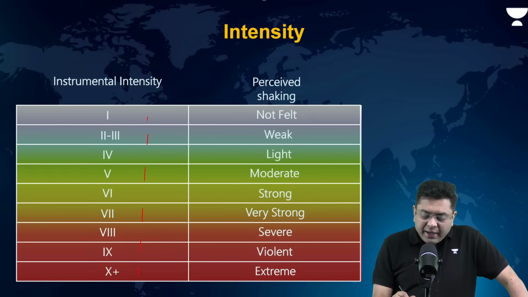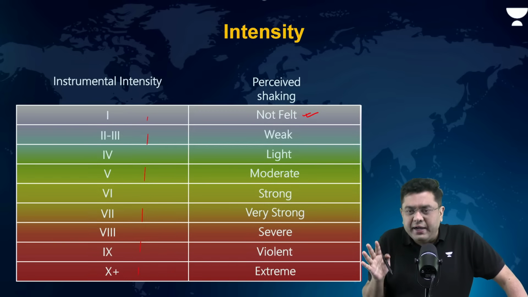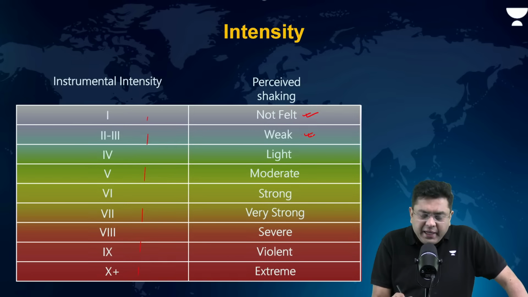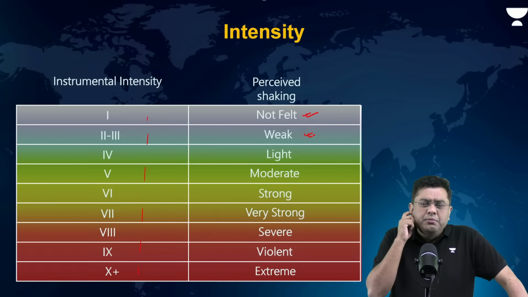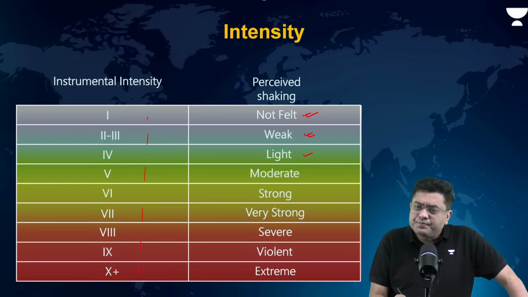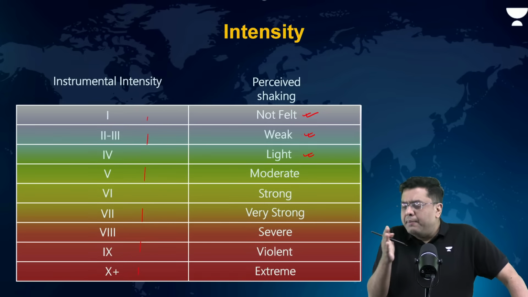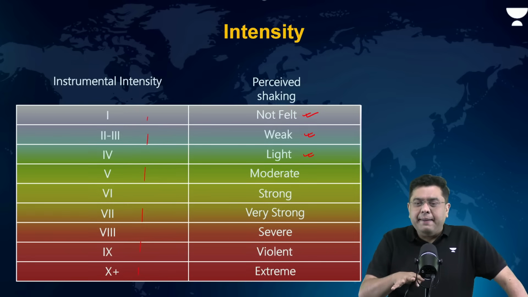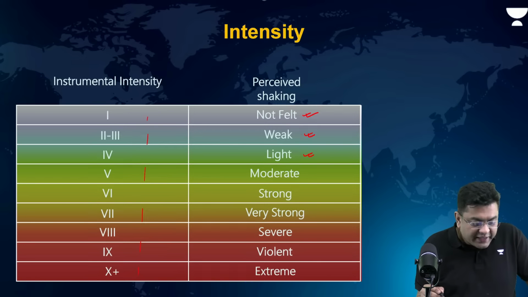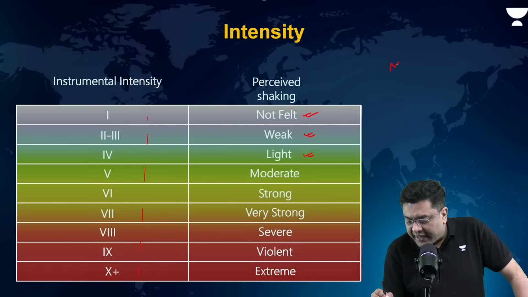Intensity 1 means nothing was felt, only a few people felt it. At 2 and 3, some people felt it while they were awake. At 4, you would have felt it, and some objects would have moved. So when you measure the earthquake based upon perceivable damage, it is known as intensity, measured with the Mercalli scale.